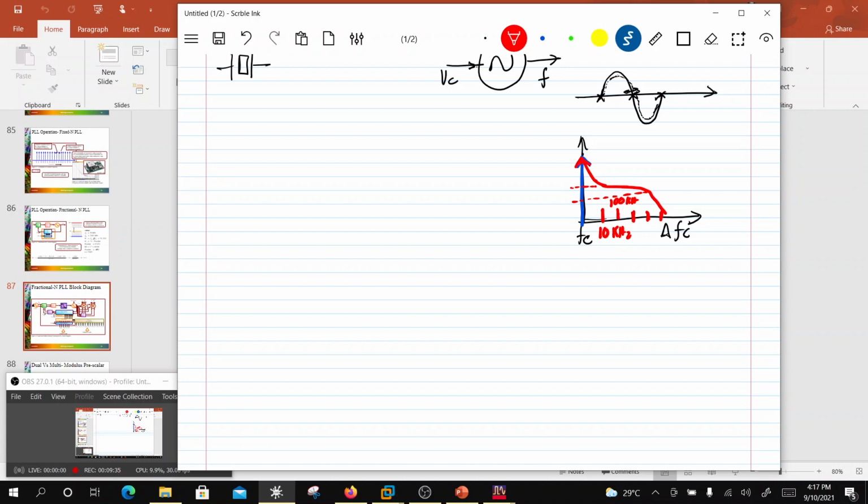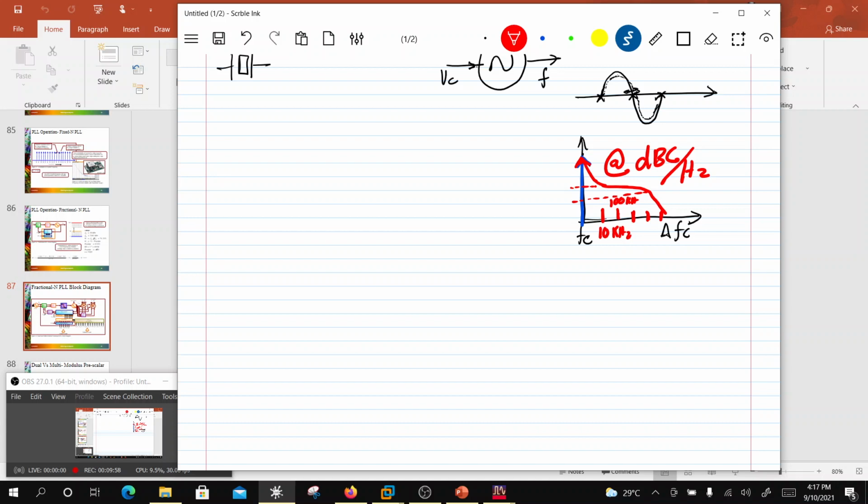That is usually measured in dBc per hertz, so this power is measured over a single hertz. That's the unit of phase noise, and this is specified at a certain offset frequency. So this offset frequency is to be specified.